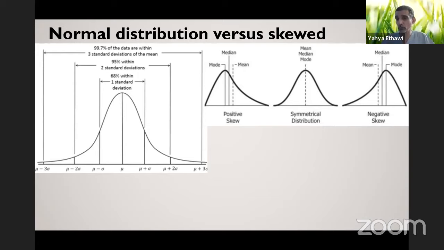You need to apply another type of test or analysis. To apply a standard deviation, a variance of difference, or the range, you need to have normal distribution where the mean, median, and mode are equal. But if it's skewed in a positive or negative way, you need another statistical test.